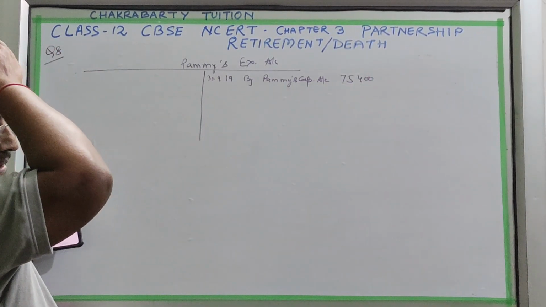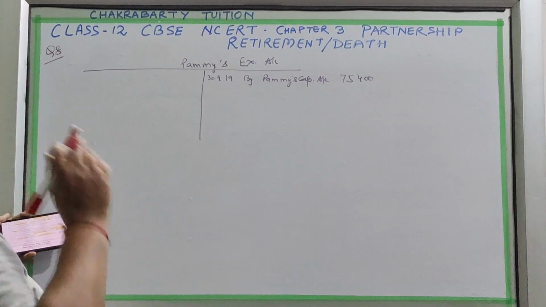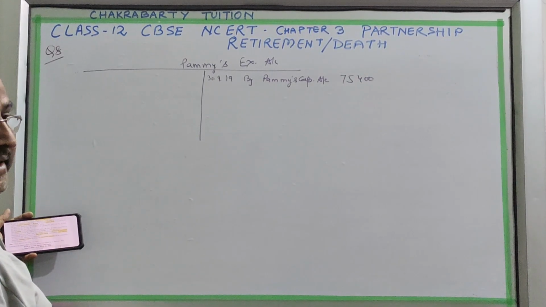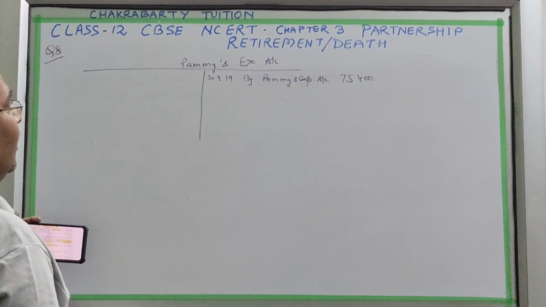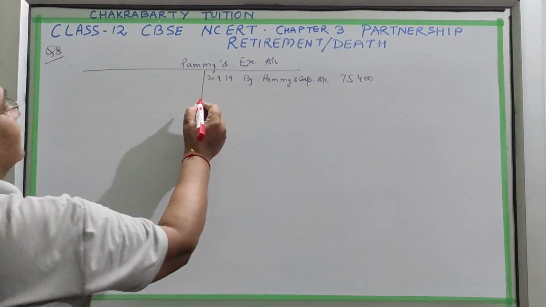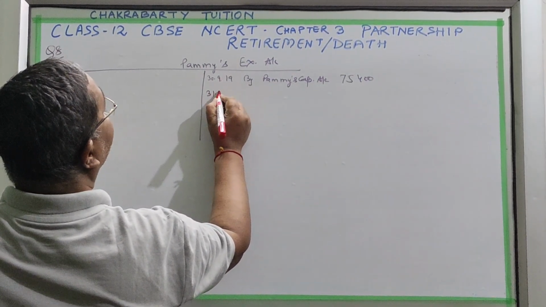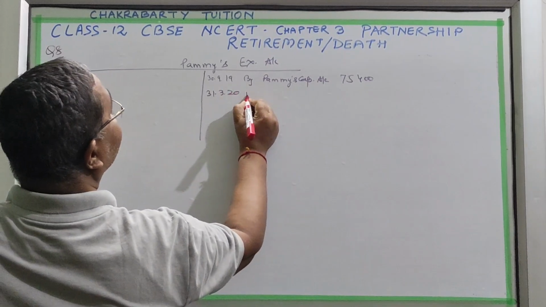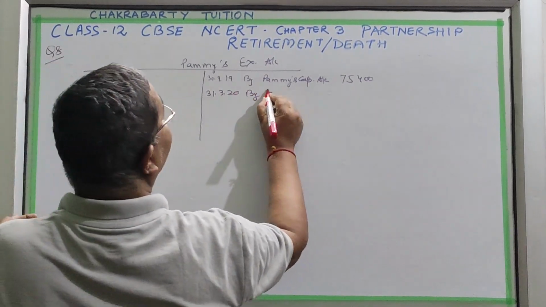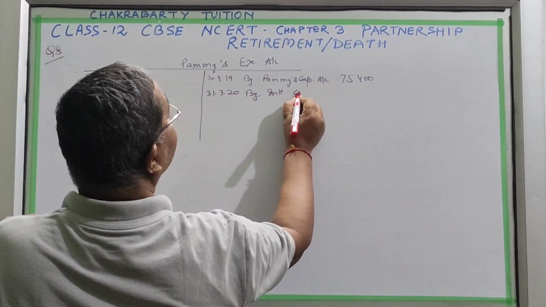Annual installment means the next installment is due on 30th September 20, so before 31st March it will come, and from that date you have to apply interest for 6 months.